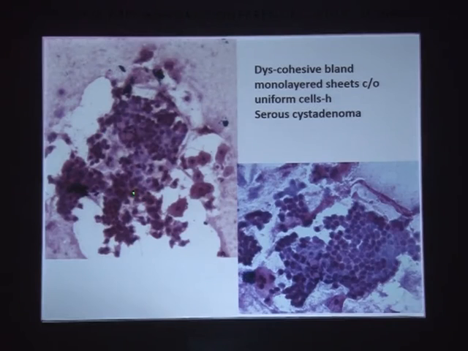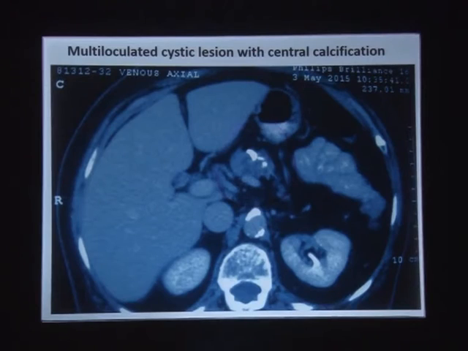They were cohesive, bland, monolayered sheets of cells, and they were more or less uniform cells with round nuclei and variable amount of cytoplasm. I think it is very difficult to separate them from the duct epithelial honeycombs or the monolayer sheets that we receive from the duct epithelium. And so you need a perfect radiological correlation. And yes, our radiologist was of great help.